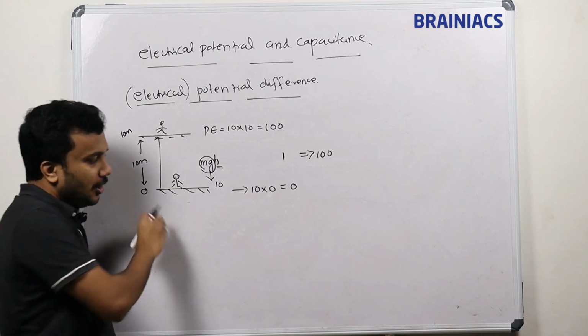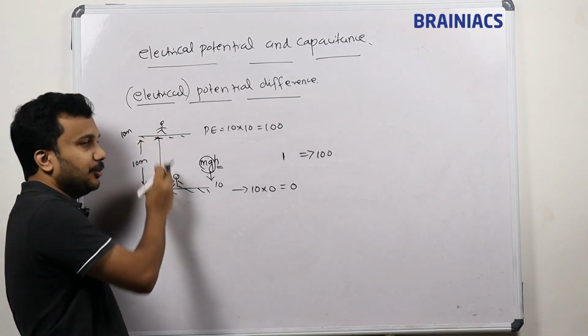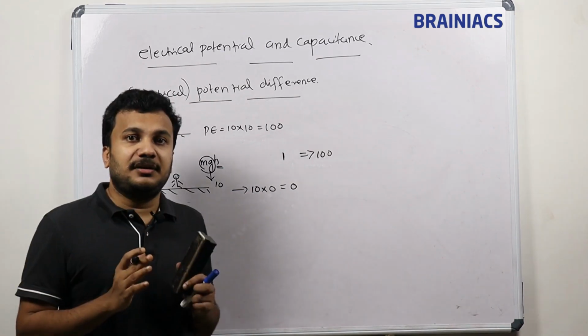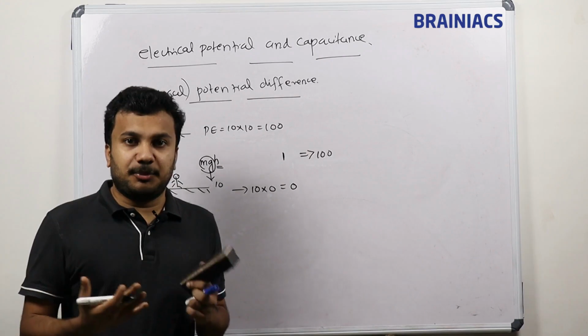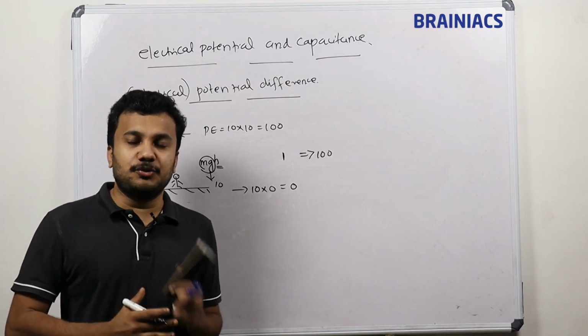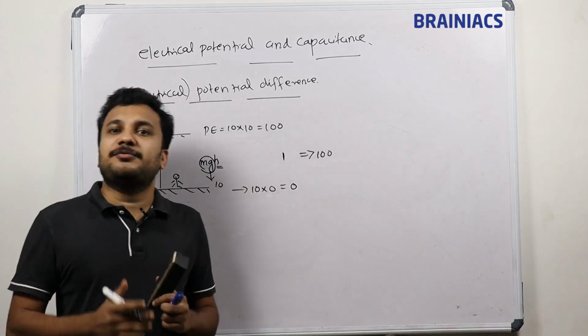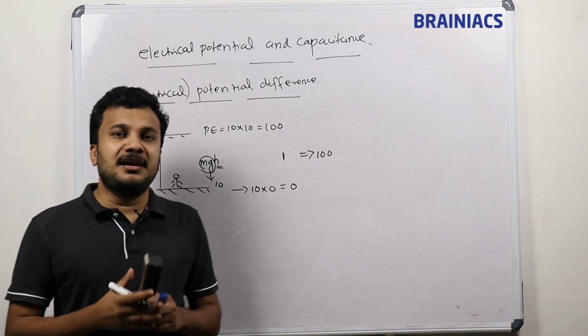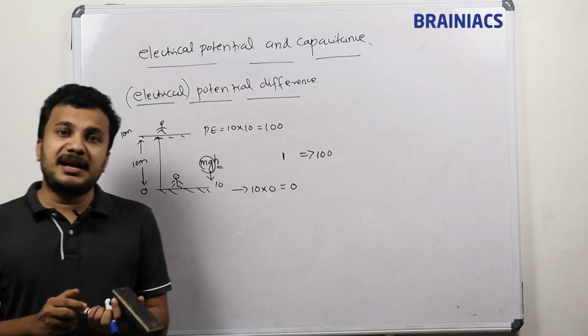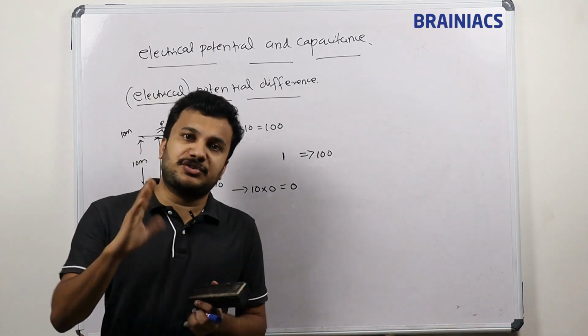This normal potential energy is happening due to height difference, but in general a body attains potential, which means it is not in the original position, it is moved to some other place. If I move from one place to another, I have to spend some energy, or I attain some energy, or I lose some energy.